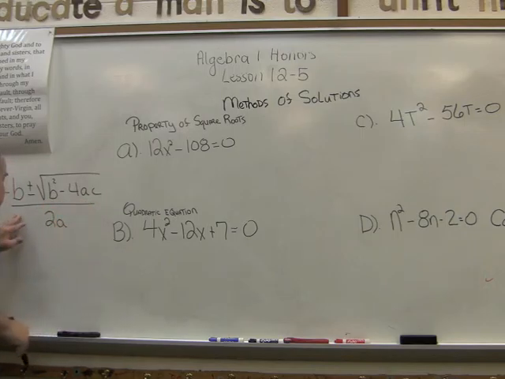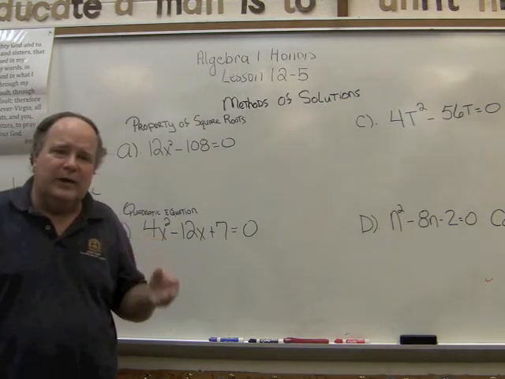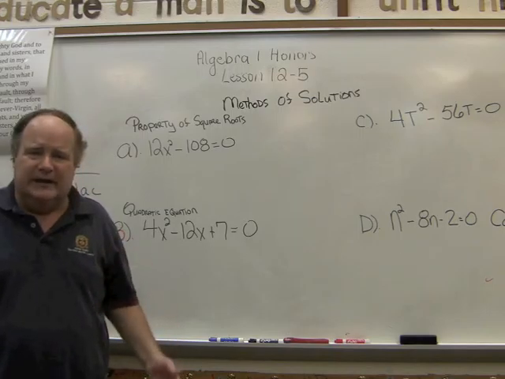With this formula, we can actually solve a, b, c, and d. But what this lesson wants to show us is that there are alternative ways to solve for the variable, and that's what we're going to look at today.